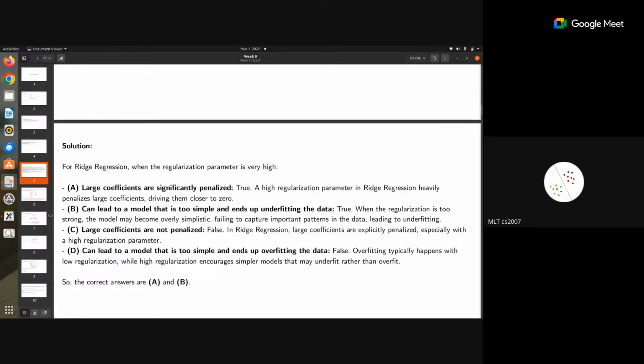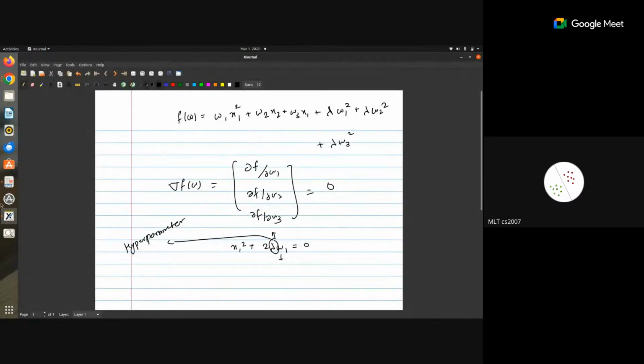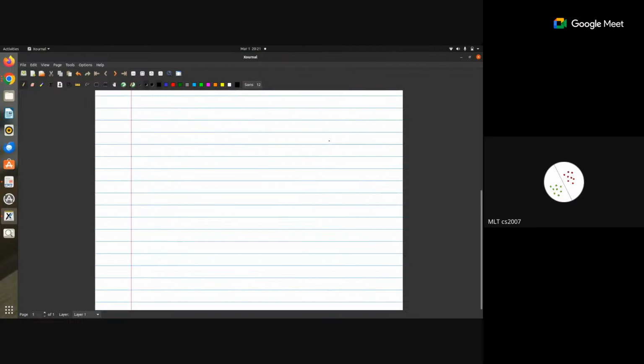You know that very famous graph of overfitting versus underfitting, training error and test error, which depends on model complexity. What does model complexity mean?